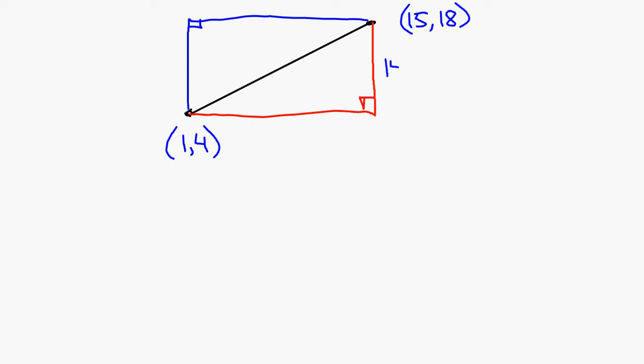Yeah, so 14. What's our change horizontally? 14. How did I do that twice in a row? I don't know. Everybody understanding where those 2 legs are coming from? So this would be 14 squared plus 14 squared. 392. Square root of 392.